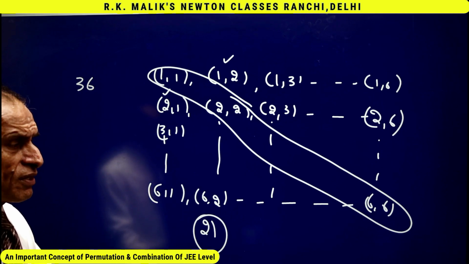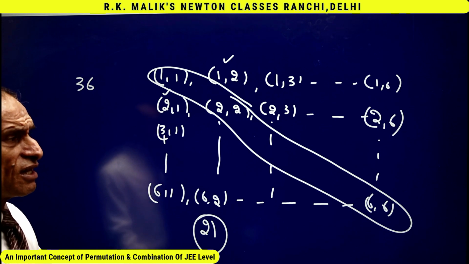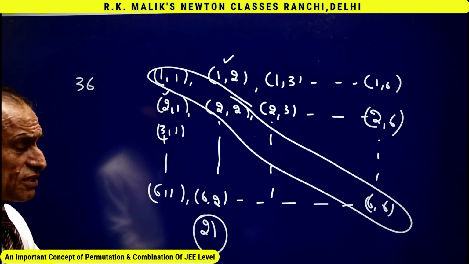For that, a general way is there, but that I will tell in the lecture of permutation combination. And let me now derive a formula which I will be using very frequently in the questions of permutation, combination, or probability.